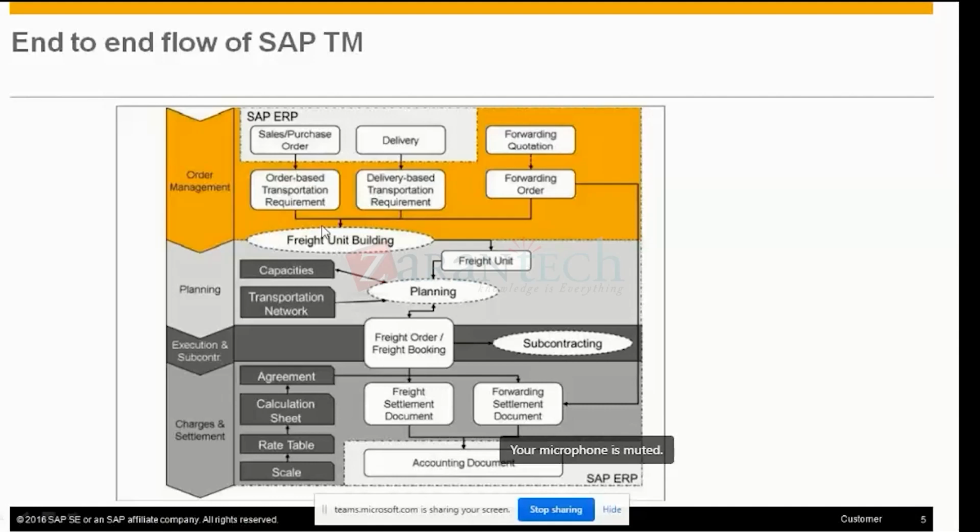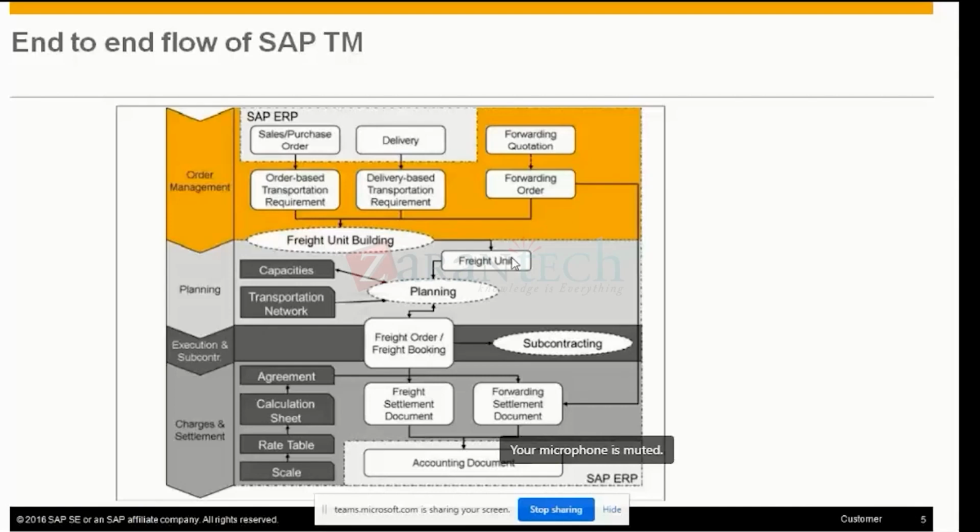So this freight unit is actually created based on a freight unit building rule. So there is a rule which will define how many freight units will be created. Suppose in one delivery document you have got 10 different products.